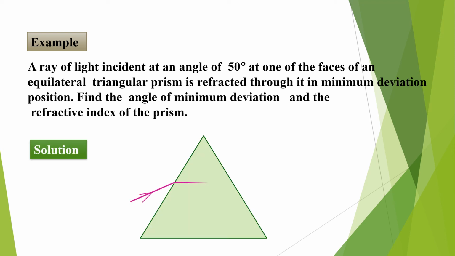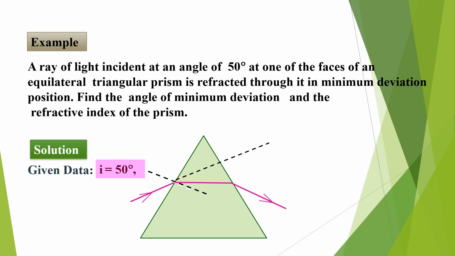So for this, we will consider one diagram of the prism, where it is minimum deviation, meaning the refracted ray inside the prism is parallel to the base. So this is the incident direction where it makes an angle I with a normal. So that is at 50 degree.